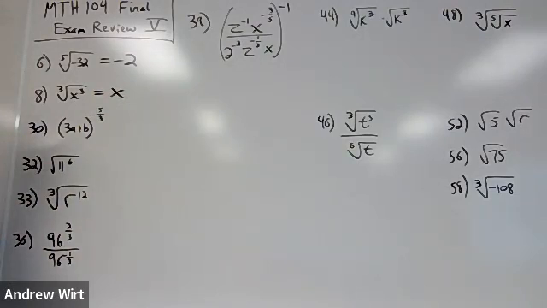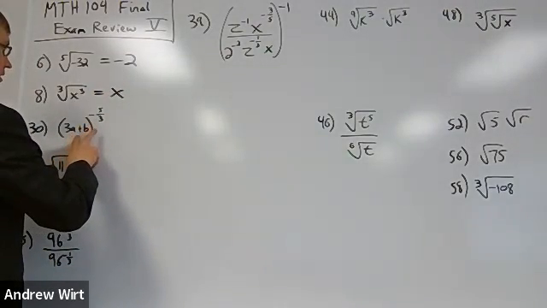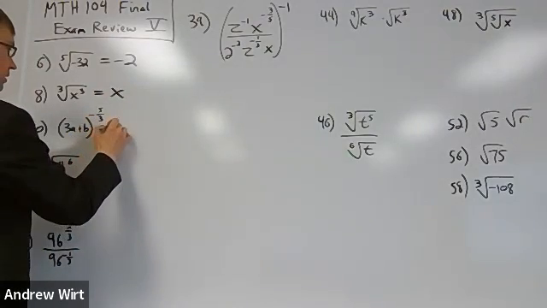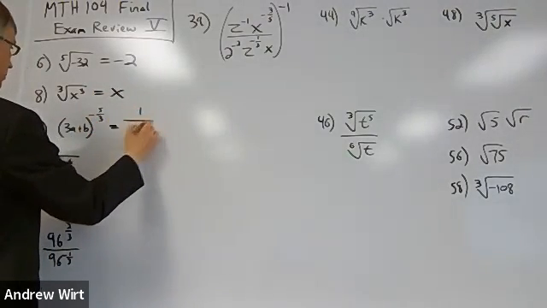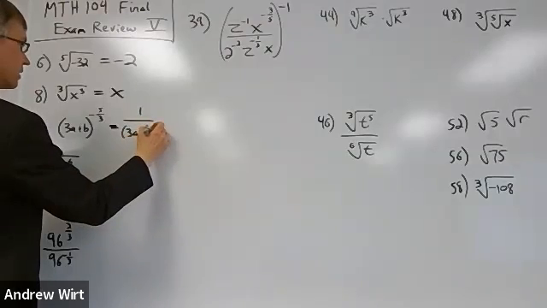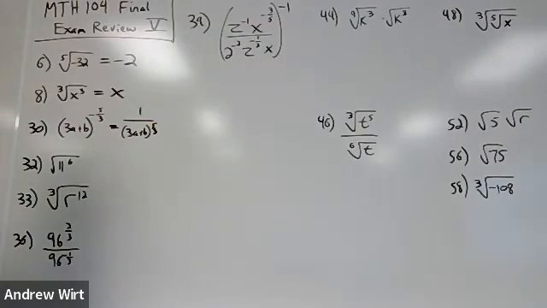30. So this one, we want to convert this to radical form, and we have a negative exponent. So first thing we're going to do is write this as 1 over 3a plus b to the 5/3 power.